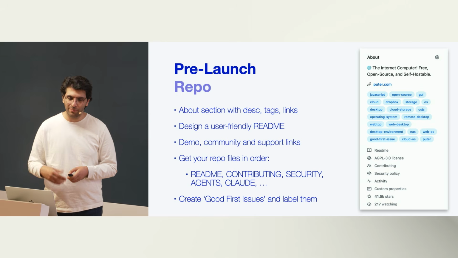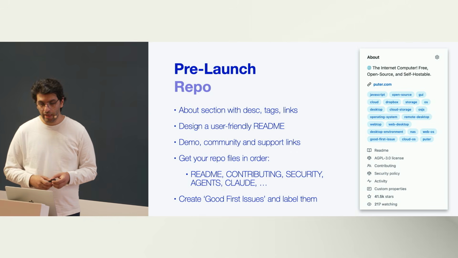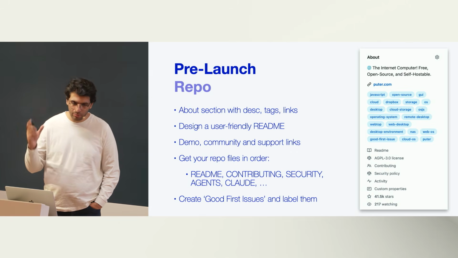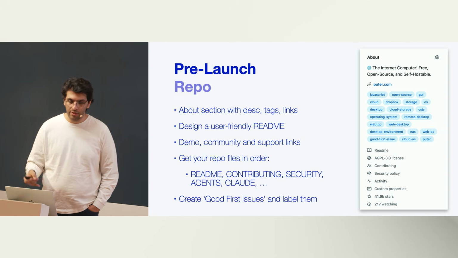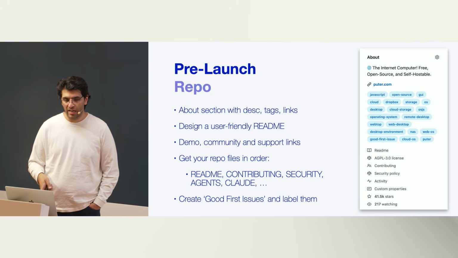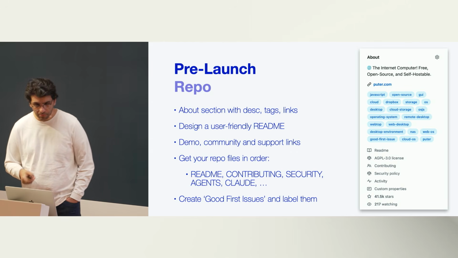It should come from the mouth of the creator, how you explain what your project is, how you would want end users to perceive it. Design it very nicely. Have an icon, put it at the top, and add some helpful links. You want to have a link to the demo, to community and support links, your Discord, your Twitter, X, your Reddit, email address, anything you think your community would find helpful.